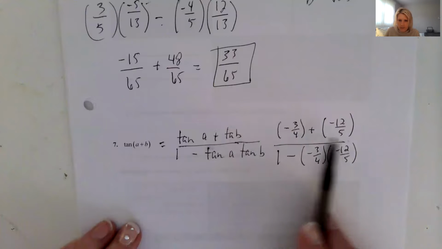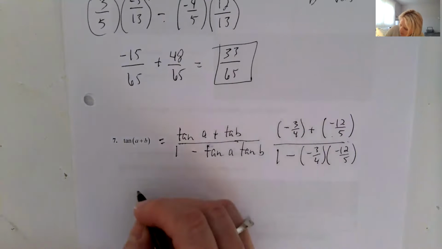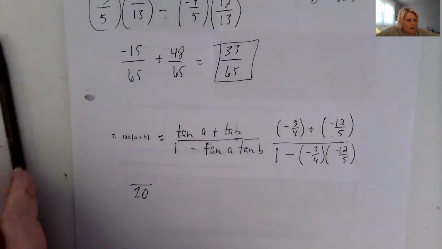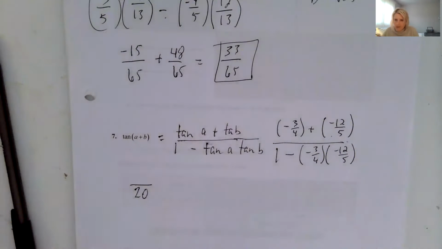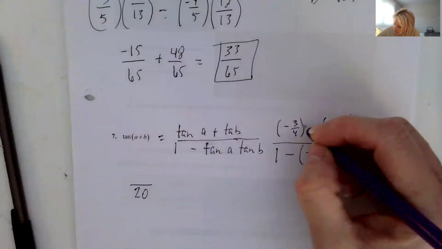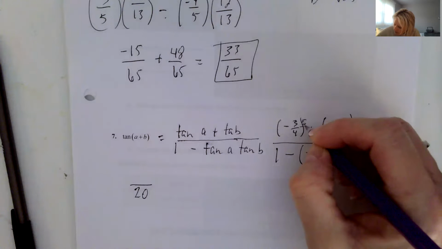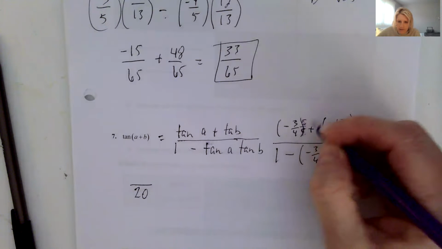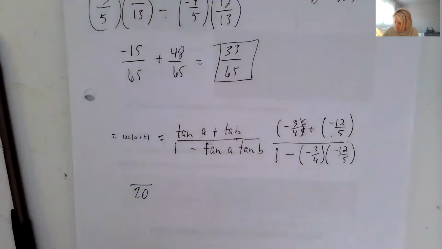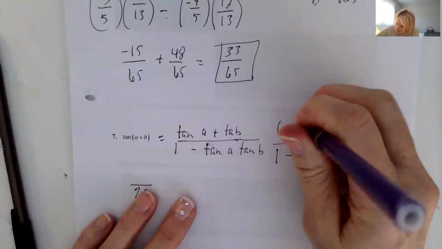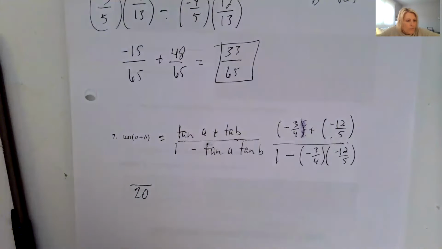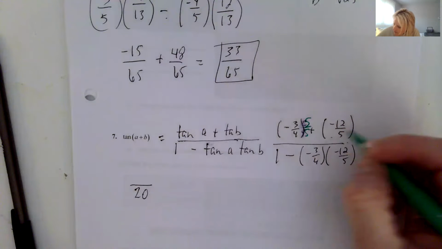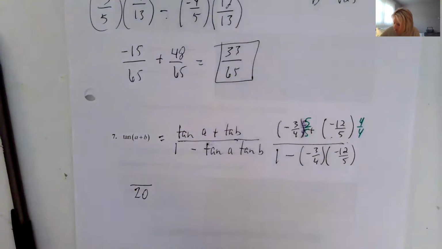Okay, so we're going to take a common denominator on top of 20. Let's refresh our memories here on common denominator. So if it's 20, we're going to multiply this fraction by 5/5 and this fraction by 4/4.